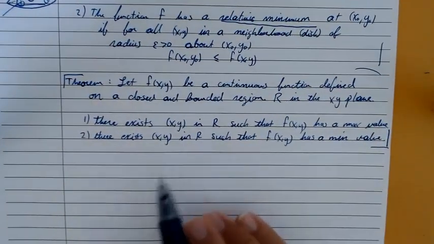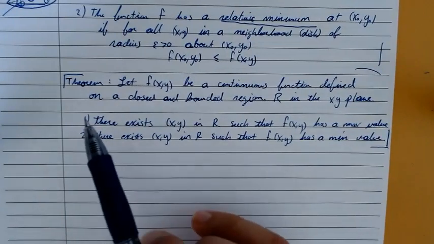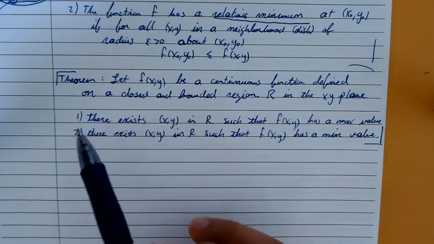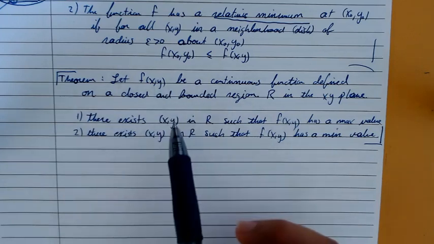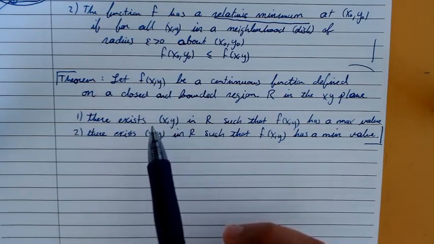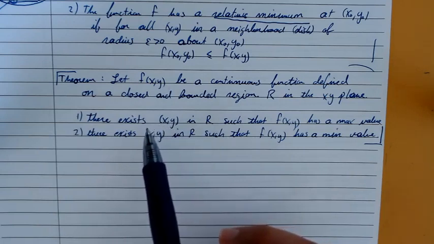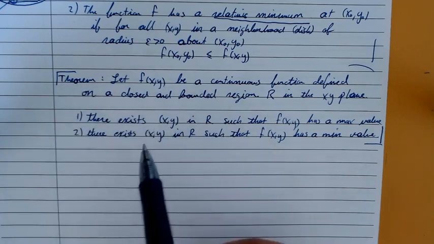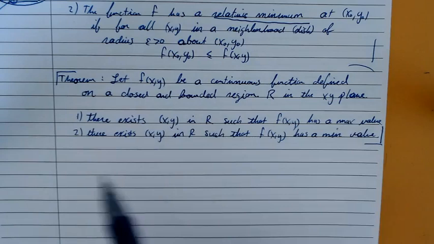There's something strange about mathematics, especially as you get into higher level courses. The simplicity of a theorem is basically no indication of the simplicity of the proof. This statement seems very simple. Okay, you give me a function, I can find somewhere where it's maximum, somewhere where it's minimum. The proof of this is very far beyond the scope of this course.